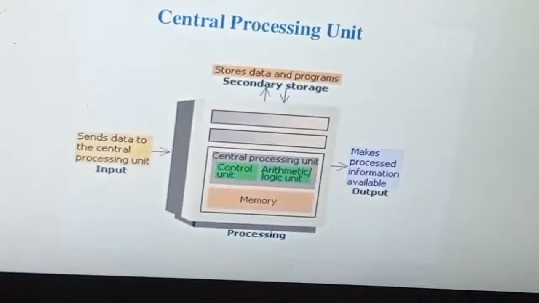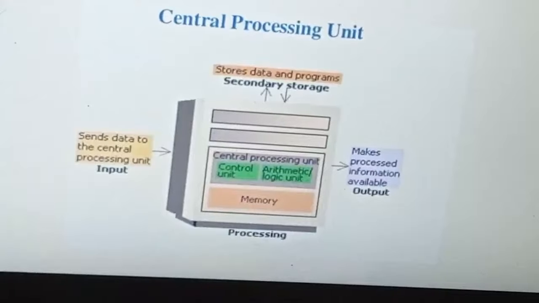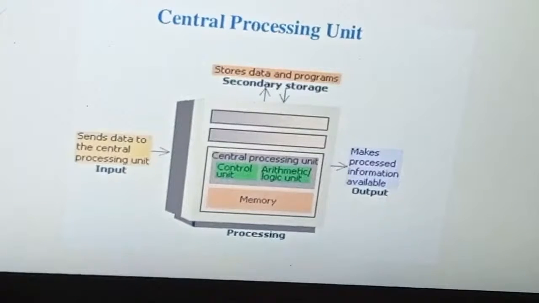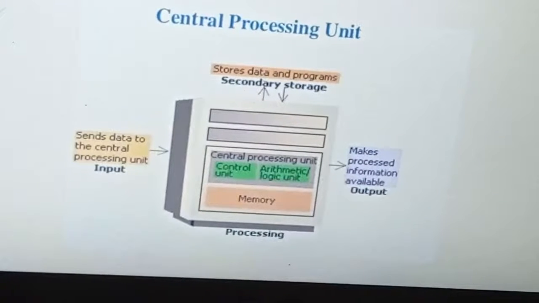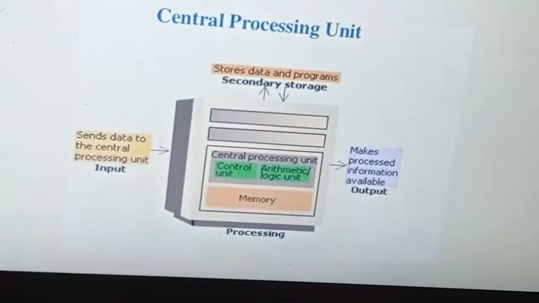Coming to input devices. Input devices only allow input of data to a computer, which processes it in the CPU and sends the output to the output devices. The most commonly used input devices are keyboard, microphone, webcam. Keyboard and mouse accept the input and send that data to the computer.